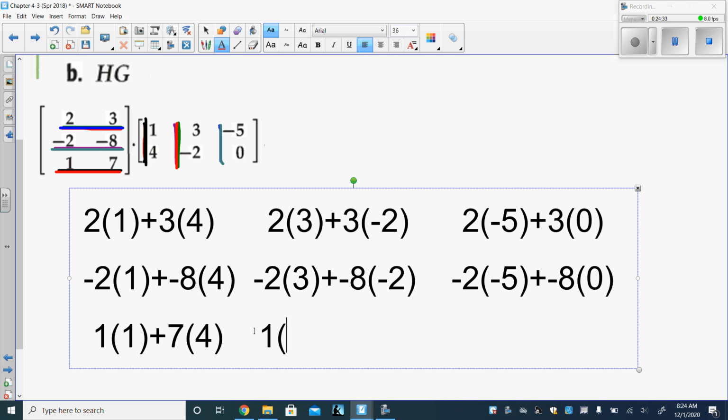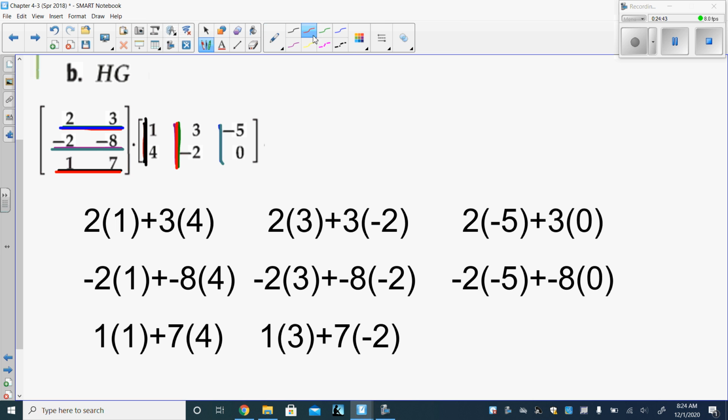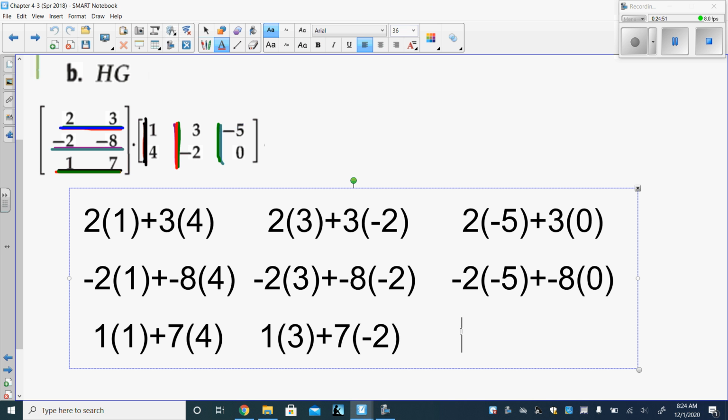So it'd be 1 times 3 plus 7 times negative 2. And that brings us to the last set, which will be our 1 and 7, negative 5 and 0. So we had 1 times negative 5 plus 7 times 0.